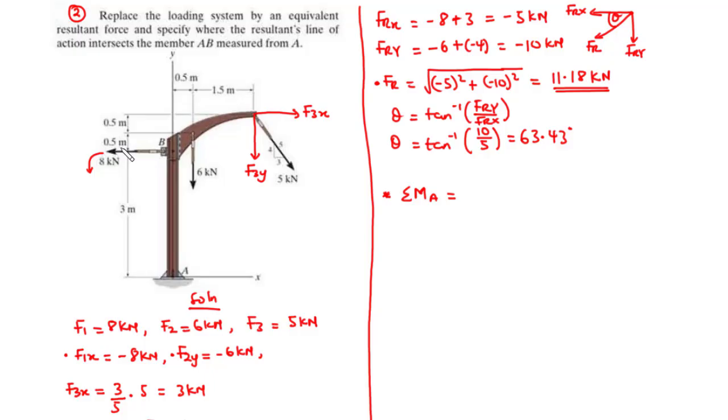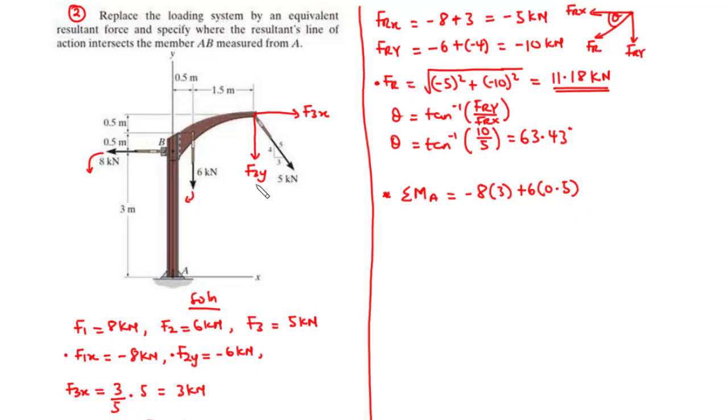So anticlockwise means that we are going to have this value to be negative. So negative 8 times perpendicular distance 3. Now let's move on to 6 kilonewtons. Now the perpendicular distance away from the line of action of A is 0.5 meters, and this is moving in the clockwise direction. So it's going to be positive 6 times 0.5.